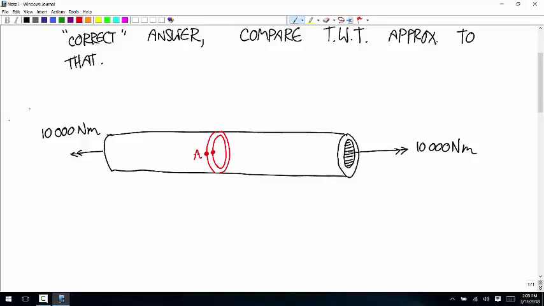So the outer wall is going to be A, the inner wall is going to be B. And our cross section has an outer radius of 0.4 meters and an inner radius of 0.35 meters.